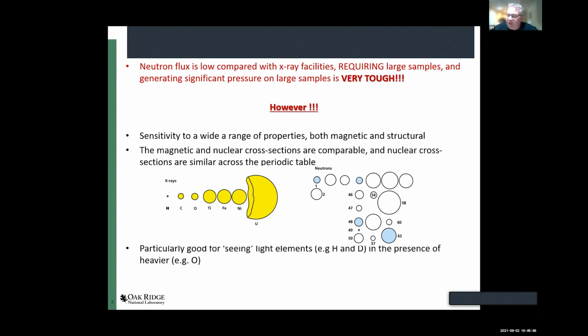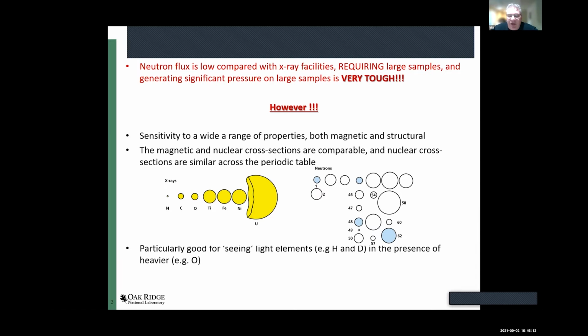The diamond anvil cell technology has been developed for quite some time now, but the typical diamond anvil cell sample size is way too small to use for neutron scattering. So a lot of our effort has gone into scaling up diamond anvil technology to make the samples big enough so that we can see a signal from the neutrons that are scattered.